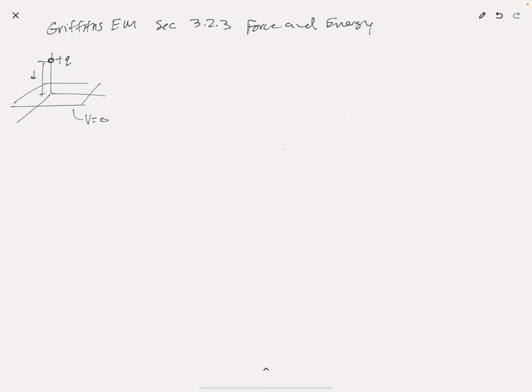And we found out that if we could find any solution, it would be the solution. Using the image charge problem, we said we must be able to pretend there is a negative charge an equal distance below the xy plane. That gave us our potential.